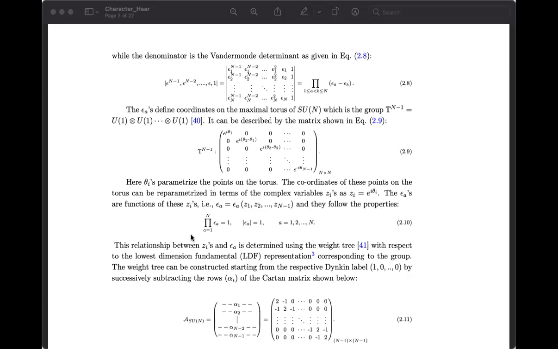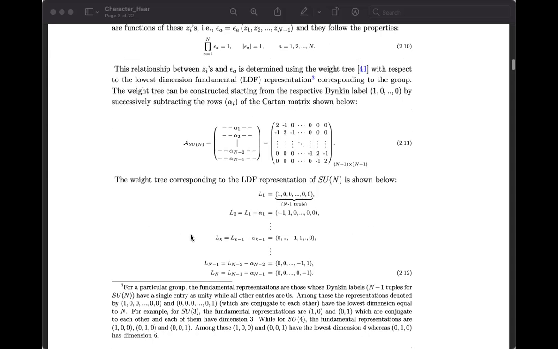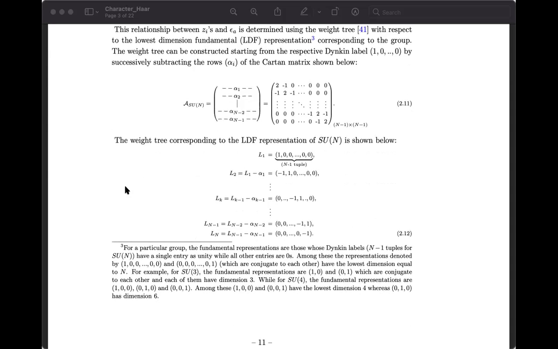So now the question is how to make this translation. For that we need to take the help of the weight tree corresponding to the lowest dimensional fundamental representation. We have to remember here that there's a misleading comment in some places that the fundamental representation is the lowest dimensional representation, and it appears that for any given group there's only one fundamental representation, but that's certainly not true.